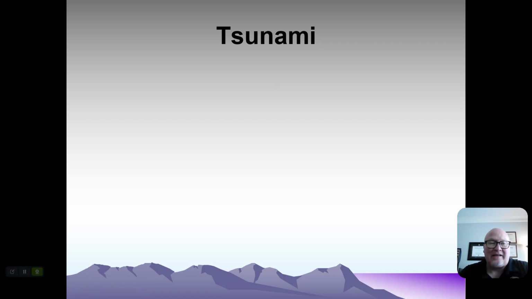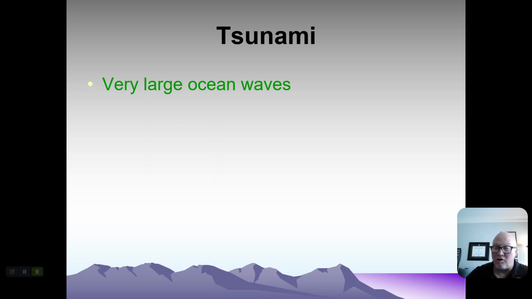A tsunami. A tsunami is a very large ocean wave, and it's not like the wind-driven waves that we've looked at before. This is when a massive amount of water has been displaced because of an underwater earthquake, or when a large amount of oceanic crust has either been thrust upward or thrust downward really rapidly.